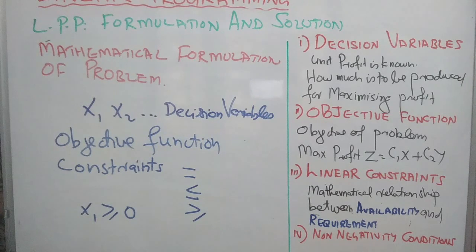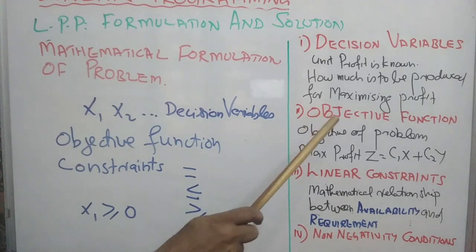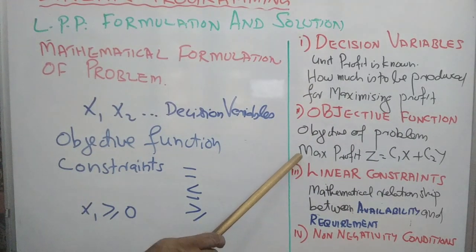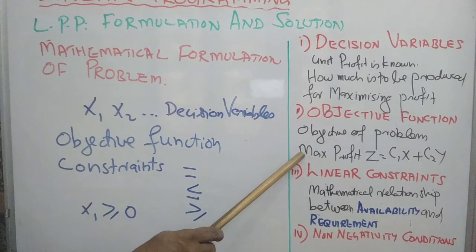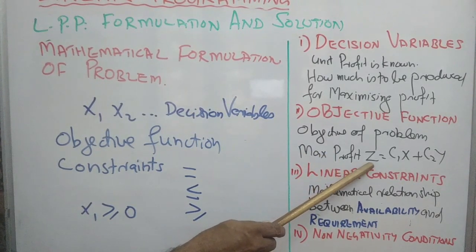And second, how will we decide the values? We have a purpose. It is known as the objective function. That is again a mathematical function. For example, in the case of a profit function, the maximization of profit is denoted by Z. That's a mathematical notation.